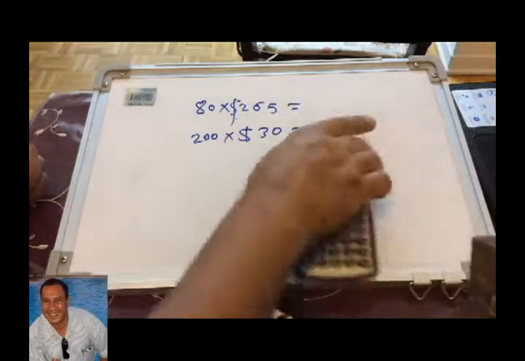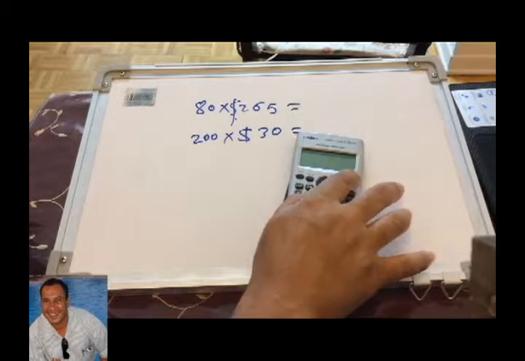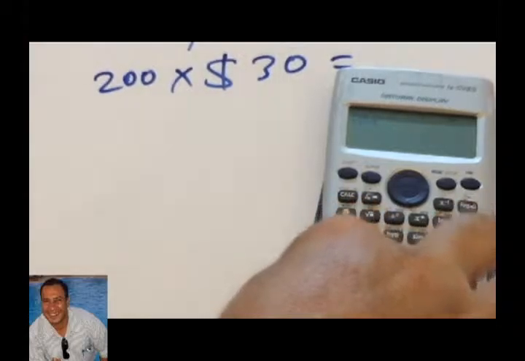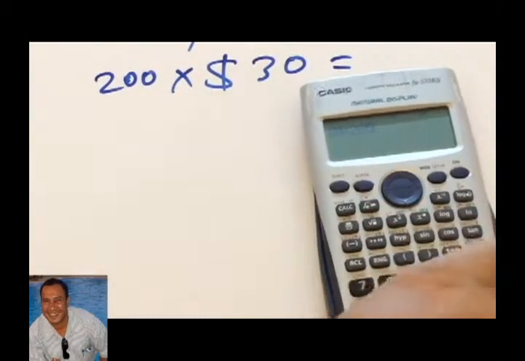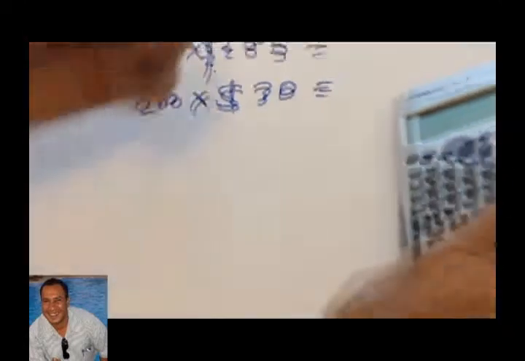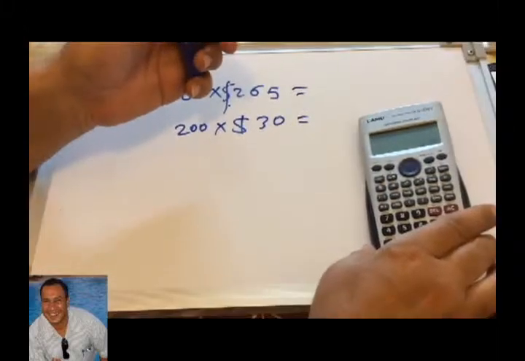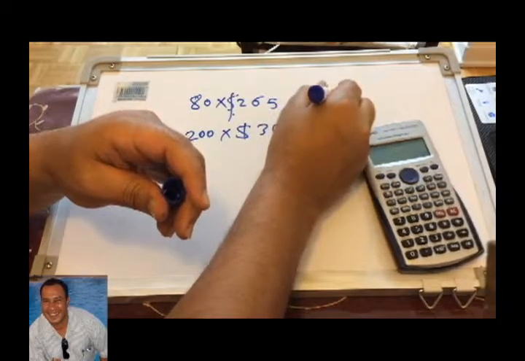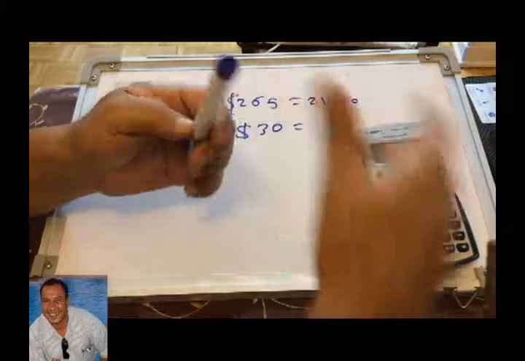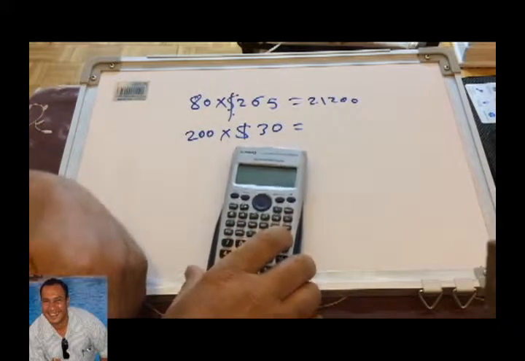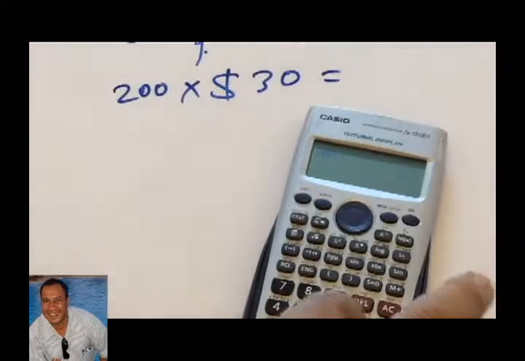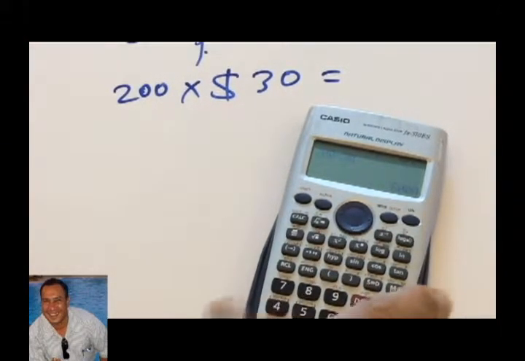You can use a calculator to solve this kind of problem. Okay, we will use multiplication. 80 multiplied by 265 equals 21,200. And 200 times 30 equals 6,000.